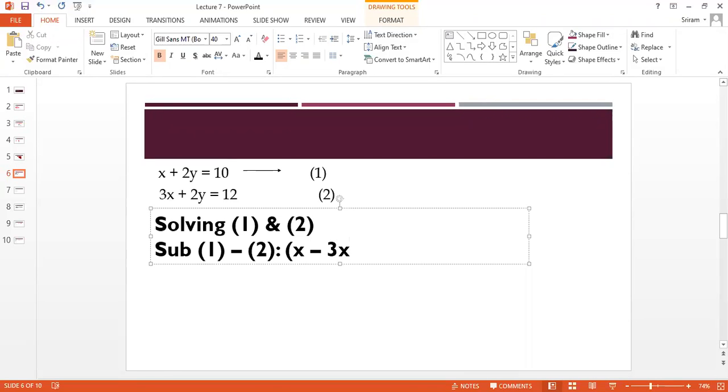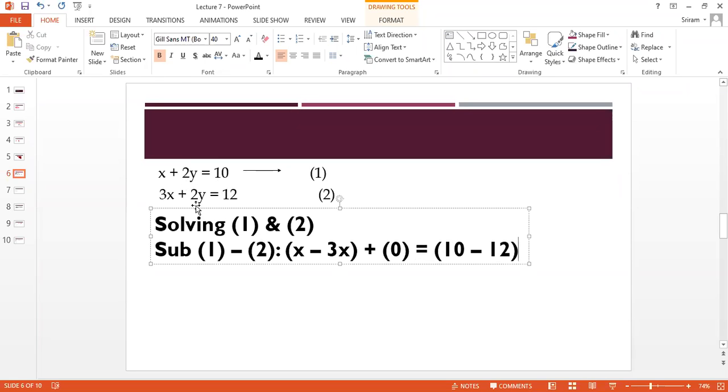This is x minus 3x. Here 2y minus 2y will become 0. On the right side, we will have 10 minus 12.